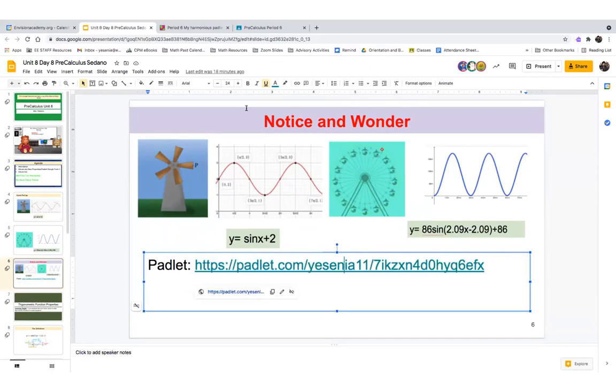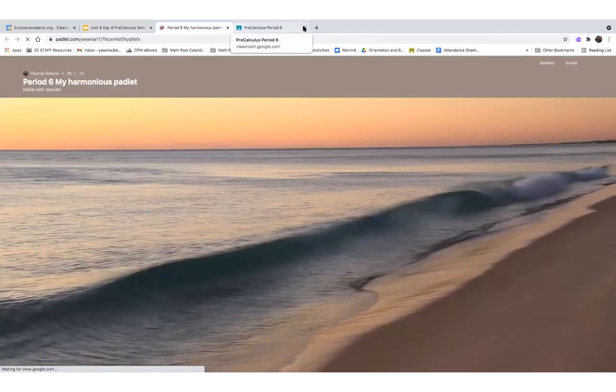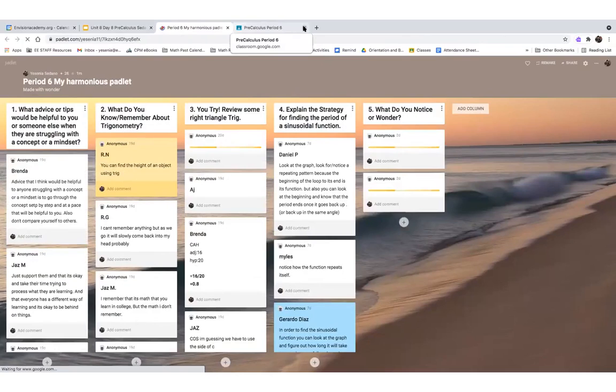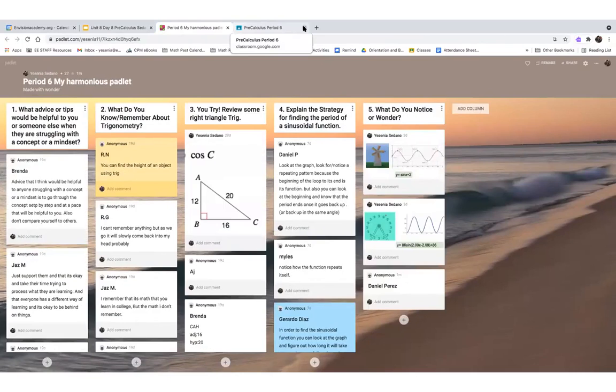And let's all go to the Padlet. Once your Padlet loads, I'll let you know which column we're going to be at. There we go. Okay, it looks like Danny's there already.